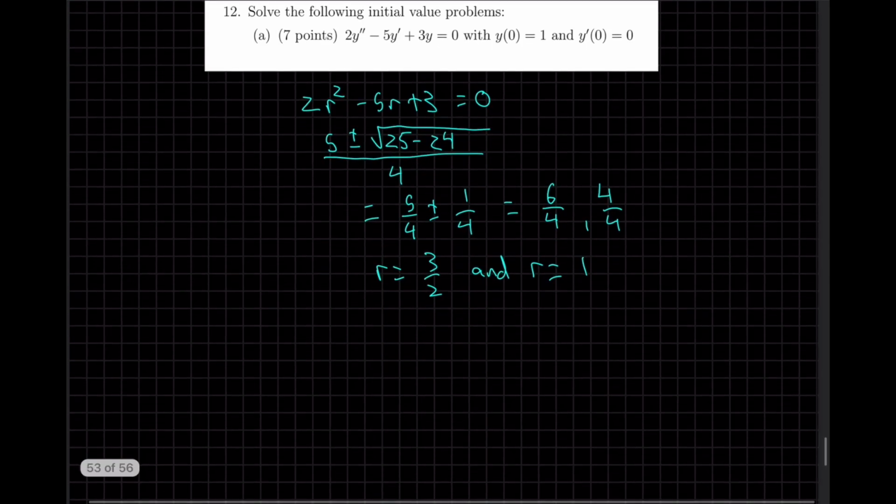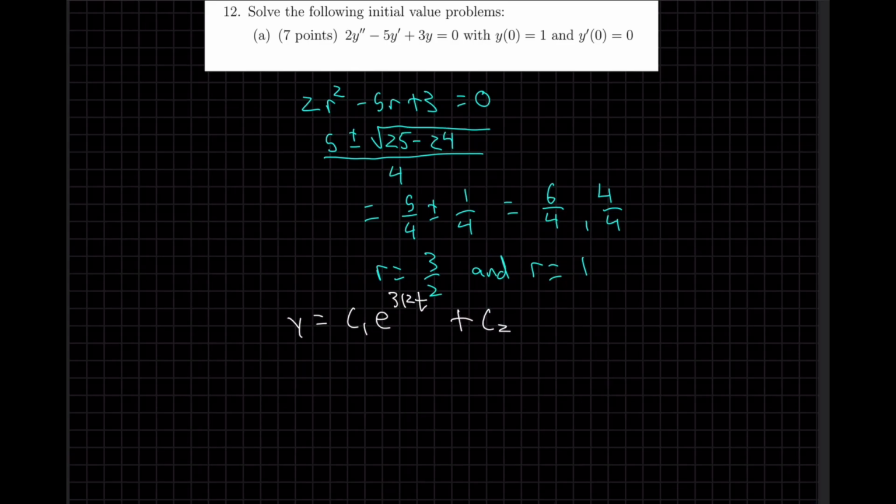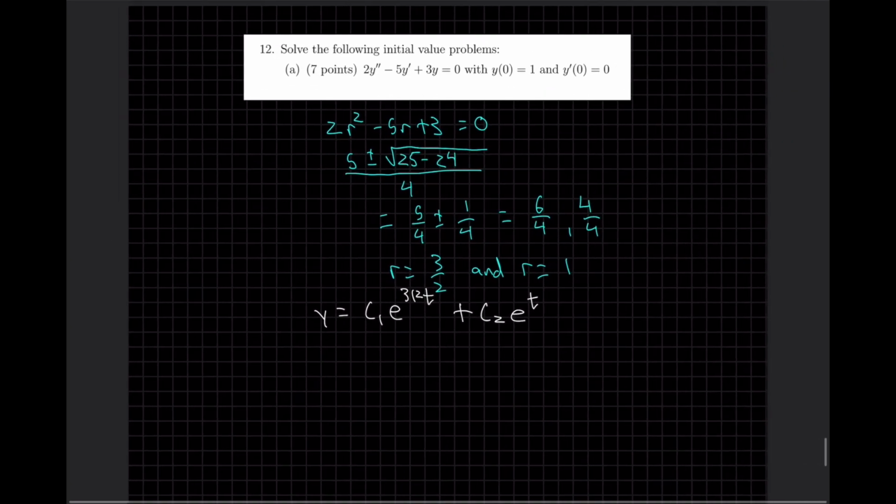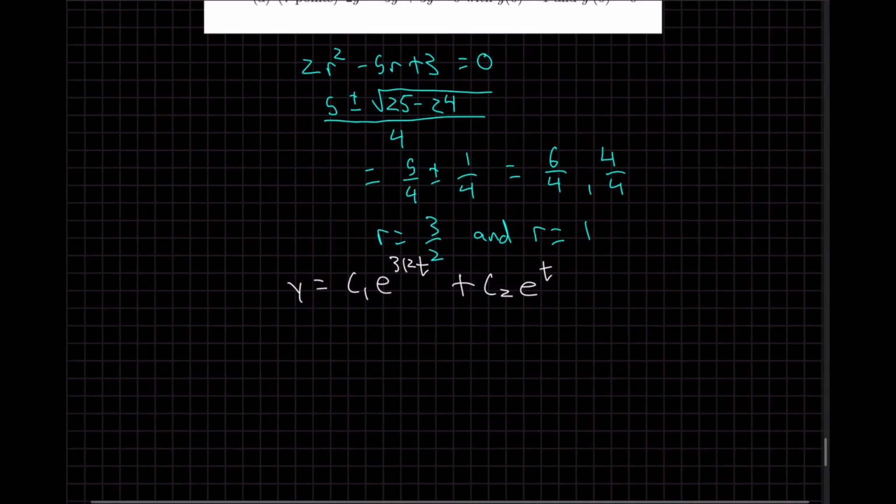Given this, we can write with our general formula that this differential equation has a solution in the form y equals c1 e to the 3/2 t plus c2 e to the t. Now we're going to make use of our initial conditions to solve for c1 and c2.